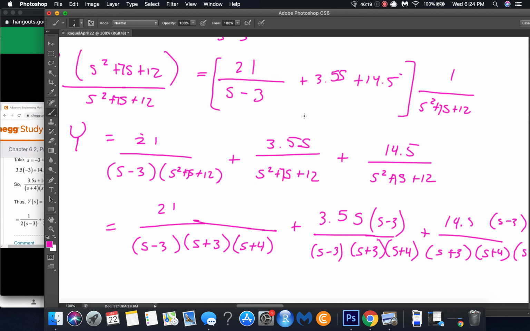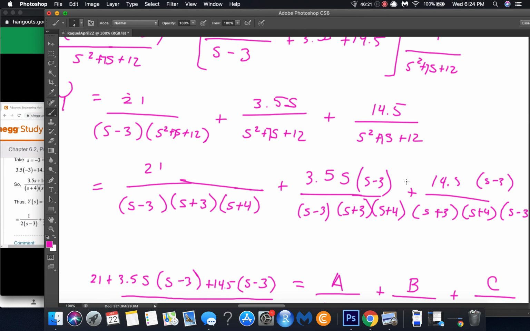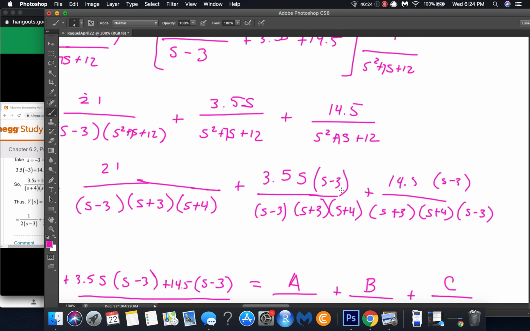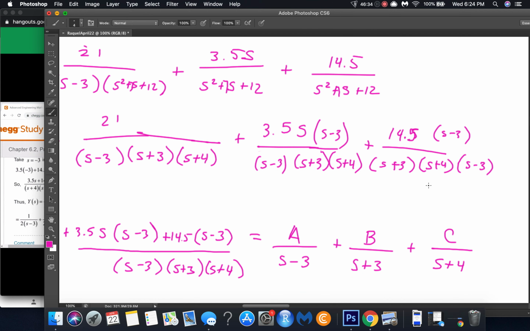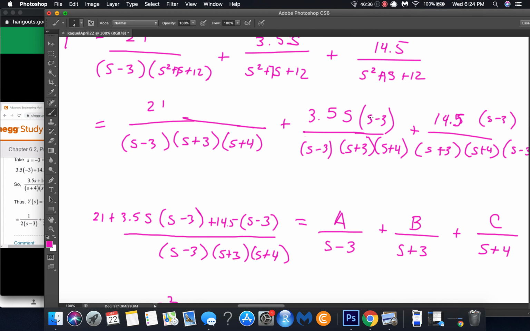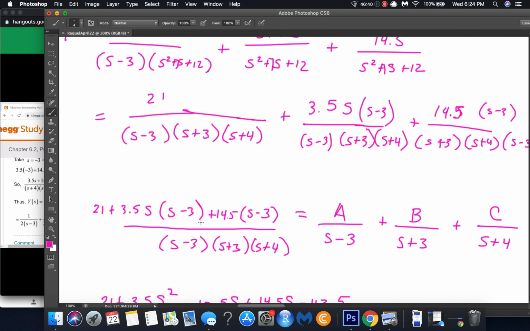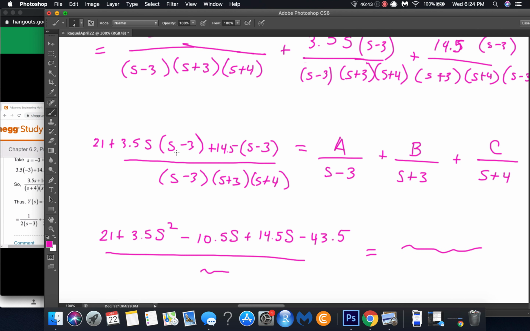And here we were missing s minus 3. So that's true here, and that's true here. And then this is a 5. And then we multiplied that here and that here to get a common denominator.